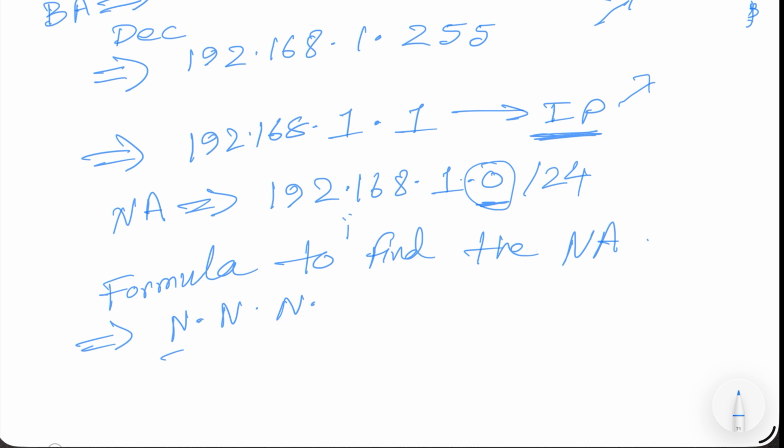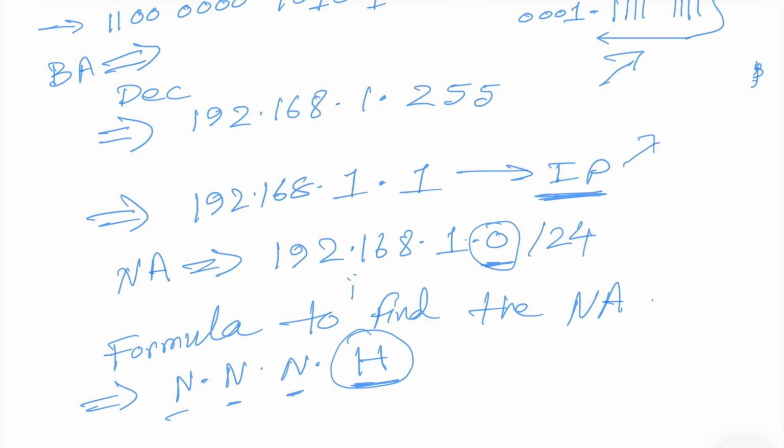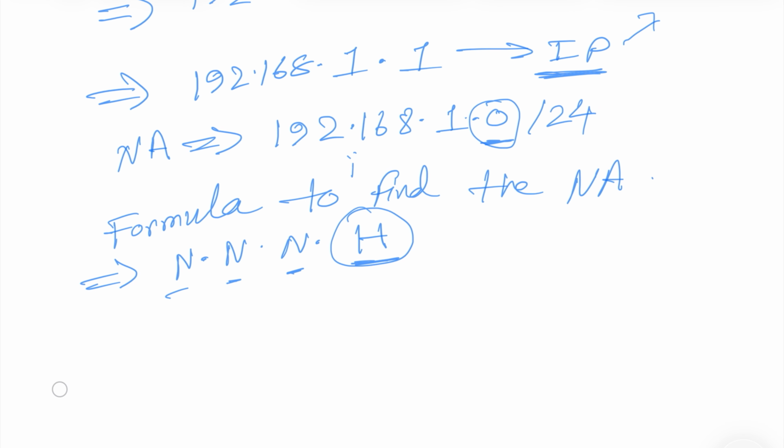In here, I'm not writing it in 8 bits, 8 network, 8 network like that. So this is the host bit. All 8 bits in the last octet are host. So what do you have to consider? 192.168.1 dot, and in the host bits, all of them.